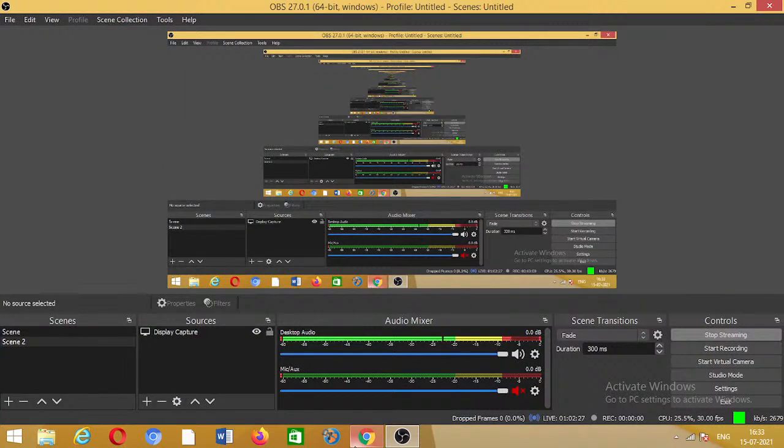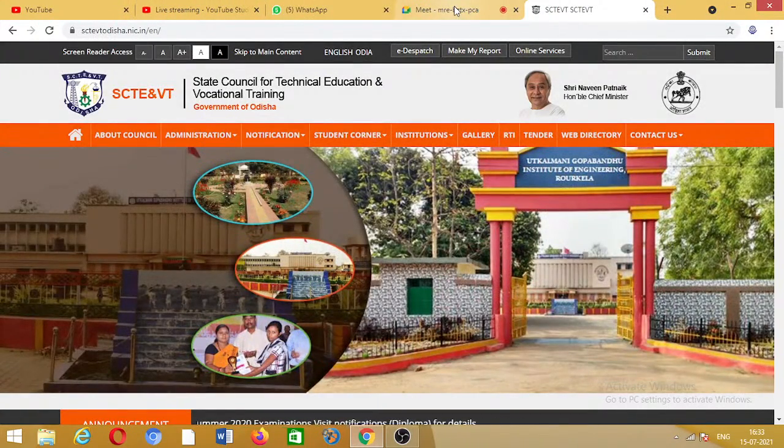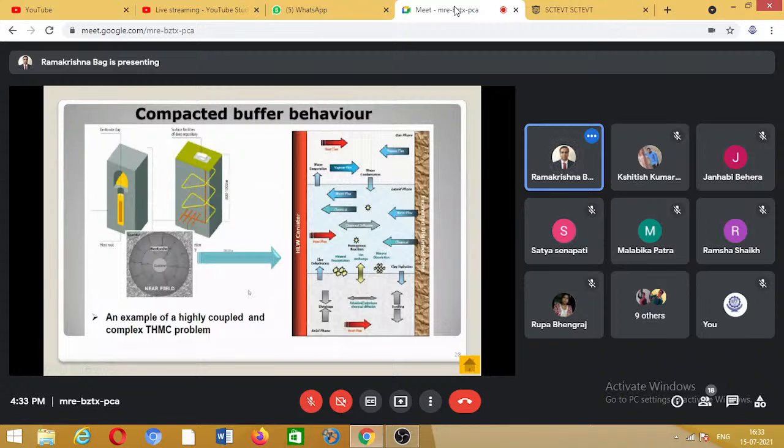So these are the various properties we need to look at inside a bentonite block. We are looking at the temperature flow, which we call T. Here you can see an example of a highly coupled and complex THMC problem. Altogether, this bentonite block is under thermal conditions. H is for hydraulic, where water flow is taking place. M is mechanical, where it is undergoing expansion or exerting swelling pressure. Towards the side with more water content, it will try to expand more, whereas towards the canister, where there is high temperature, it will try to shrink.